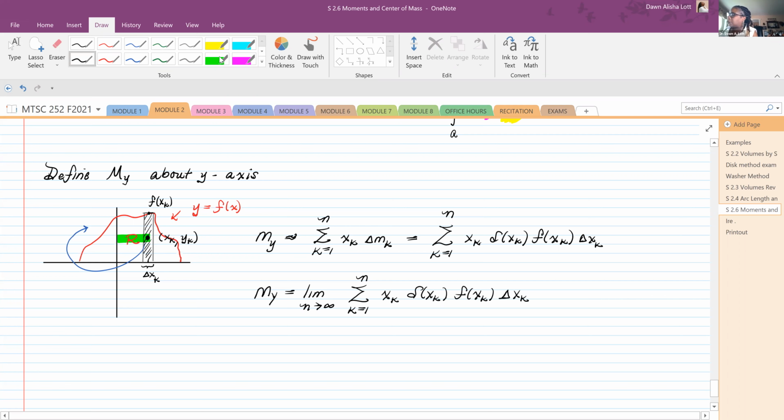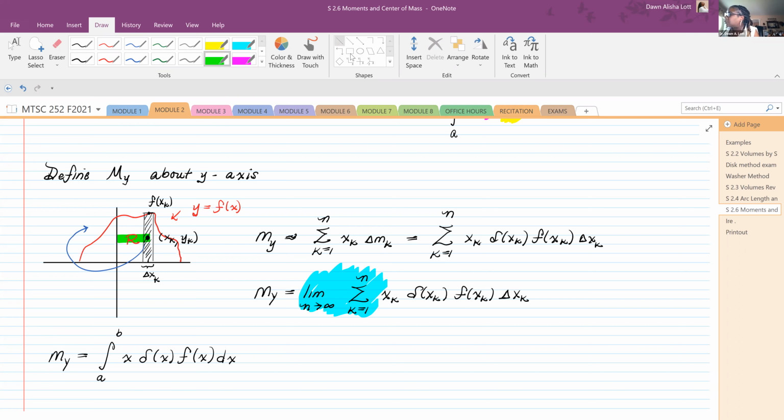But this puppy becomes an integral. So I get My is the integral from a to b of x delta of x f of x dx. So that is the moment.